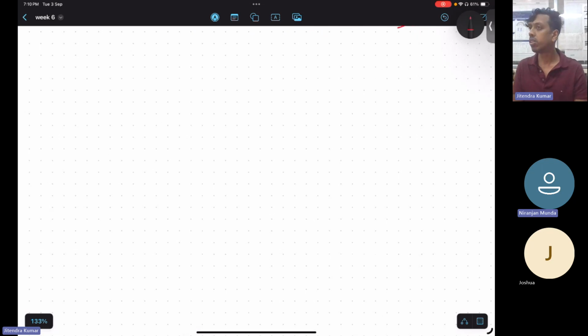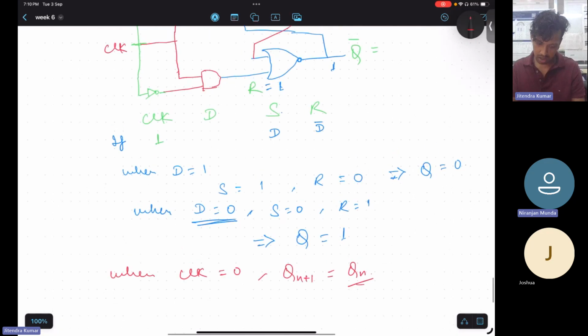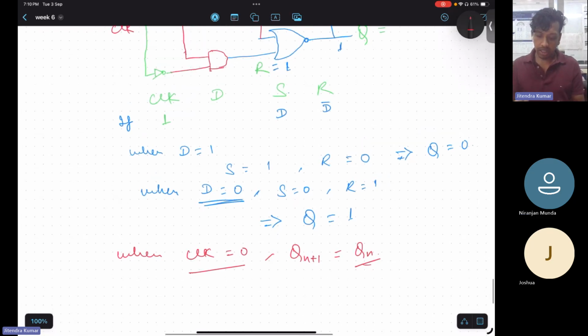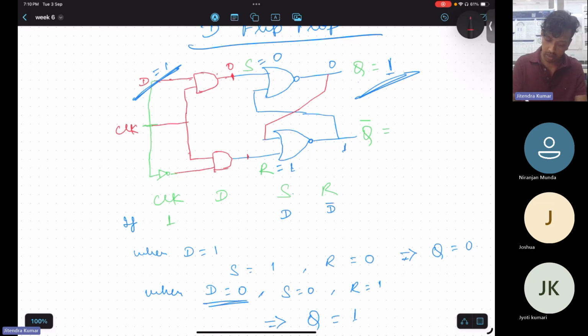The last step, sir, when clock is equal to 0, Qn plus 1 is equal to Qn. That's what you are asking. Yes sir. So if you are not giving any clock, and whatever you are giving on the input side, 0, so here it will be 0 always. Both of them will be 0 and 0.